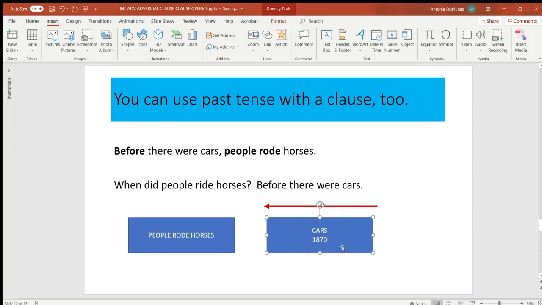That's the past. There were cars. But before that, maybe 1860, I'm making this up, people rode horses. Both parts are in the past. But this is one thing, and this is even before the other thing. Okay?